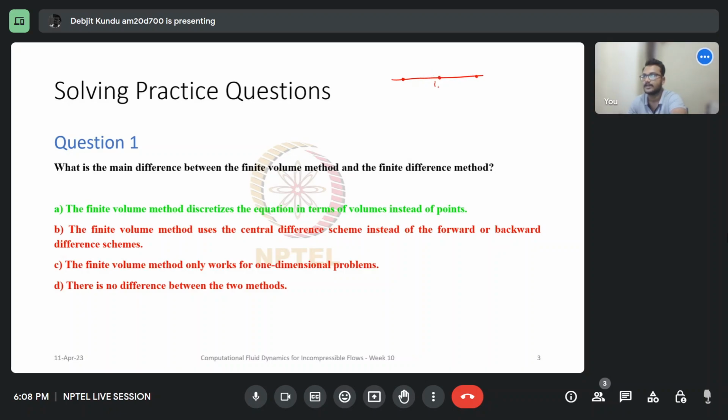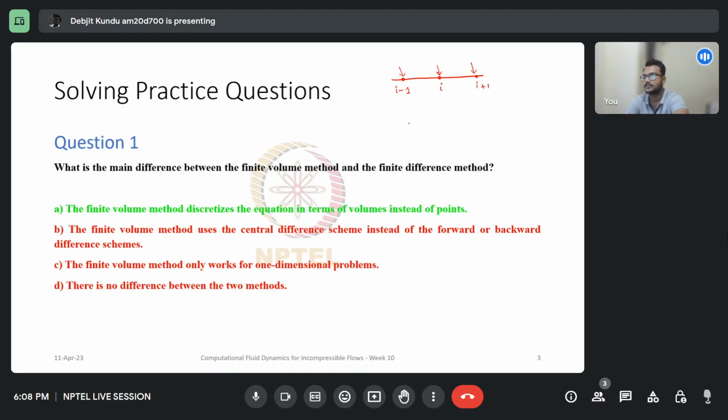So let's say for the ith point, we have two neighbors, the i plus 1 and i minus 1th points. And then we try to solve for values in these locations only. So these are discrete points where we try to attain the solution, right?